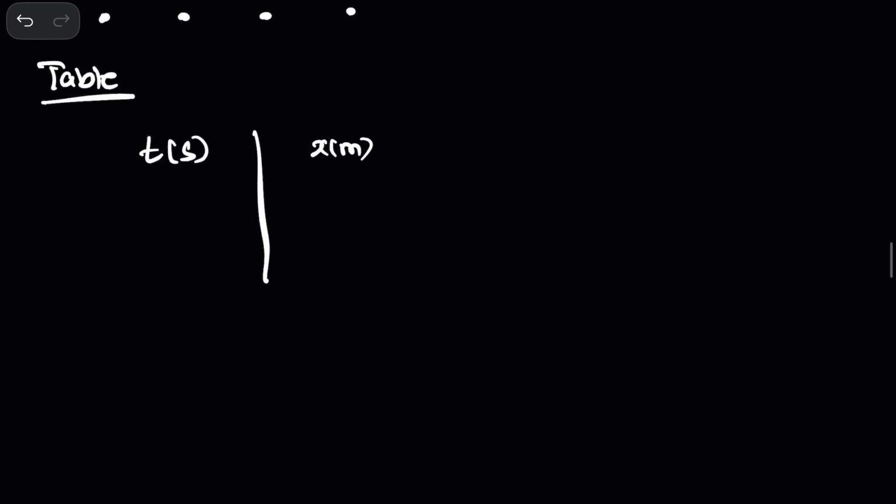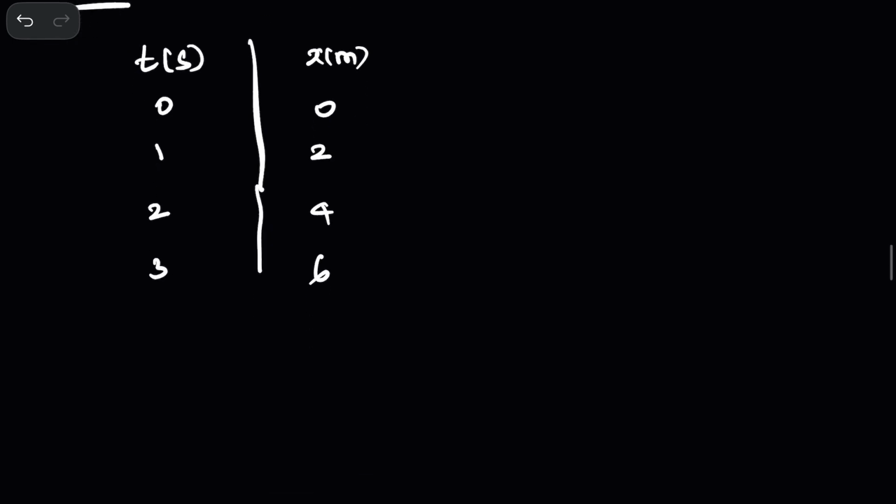One represents the time and the other represents the position. The time you are measuring in seconds, let's say, and the position in meters. At 0, the position of the object is at 0 meters, at 1 second it's at 2 meters, at 2 seconds it's at 4 meters, and at 3 seconds it's at 6 meters.